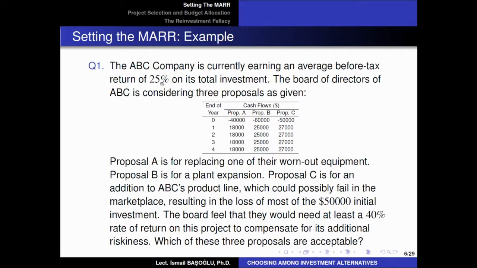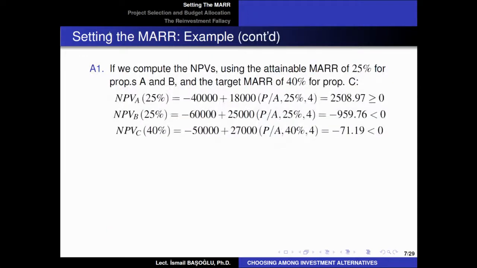So I will set my minimum attractive rate of return to this attainable rate, and I will evaluate these projects under 25% minimum attractive rate of return.